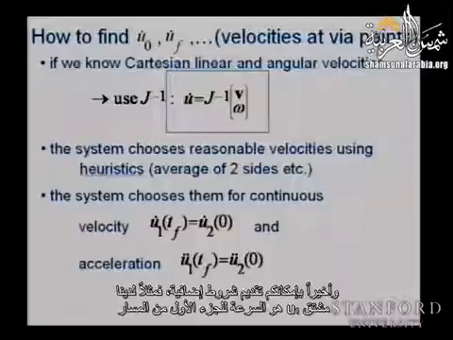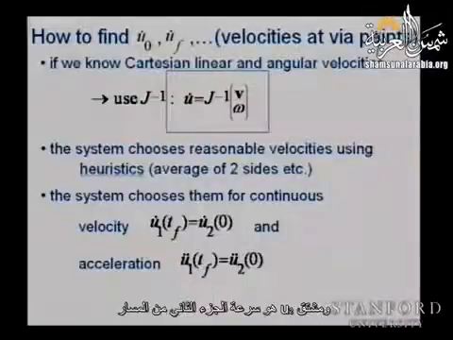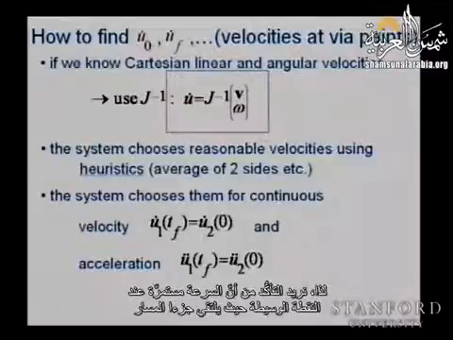And then finally, you can actually introduce additional constraints. So for example, u1 dot is the velocity for the first segment. u2 dot is the velocity for the second segment. So we want to make sure that at the via point where the two segments meet, we have continuous velocity.